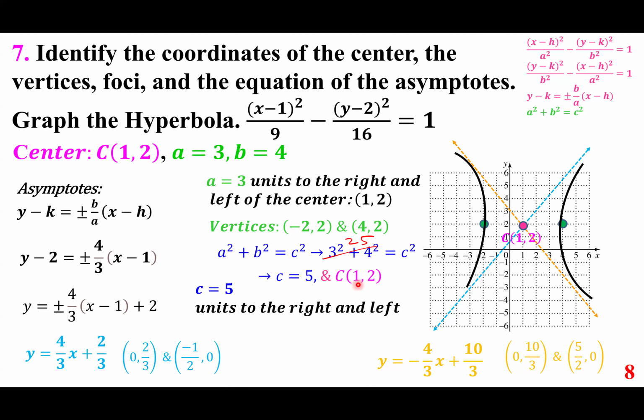If I go 5 units to the right, 1 plus 5, that's 6, 2. If I go 5 units to the left, 1 minus 5, that's -4, 2. So those are the foci. And by the way, this is the fundamental rectangle. Okay, everybody, look at those. This is as involved as it gets, and that's it.